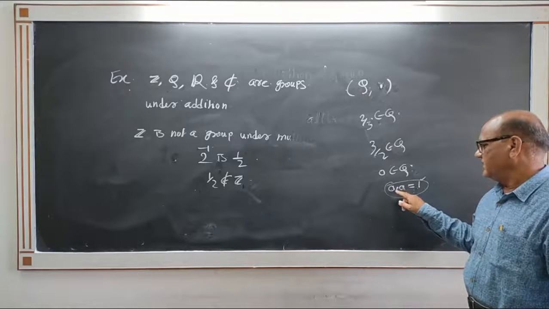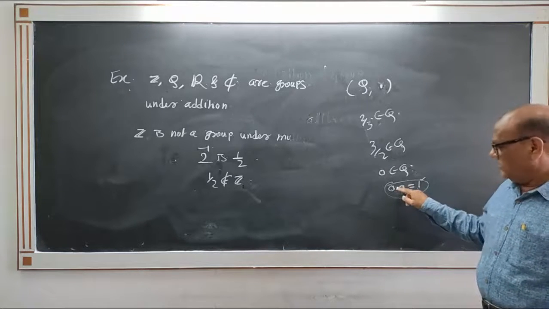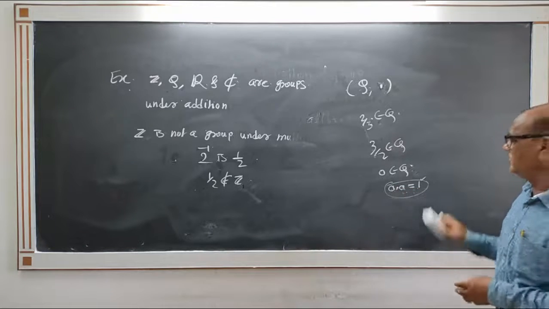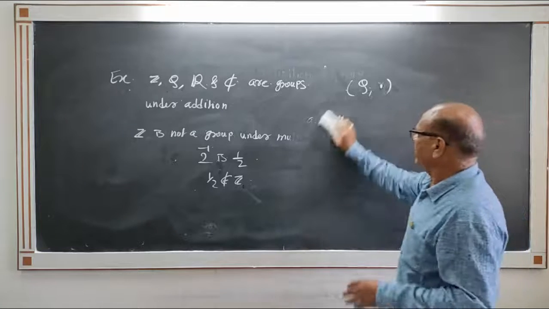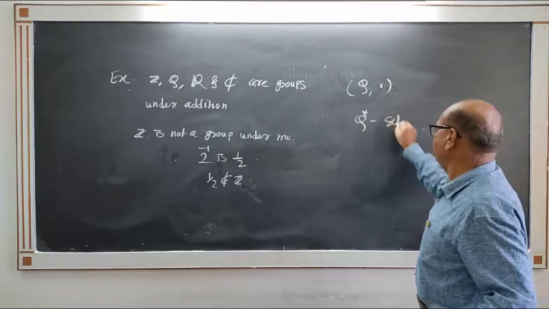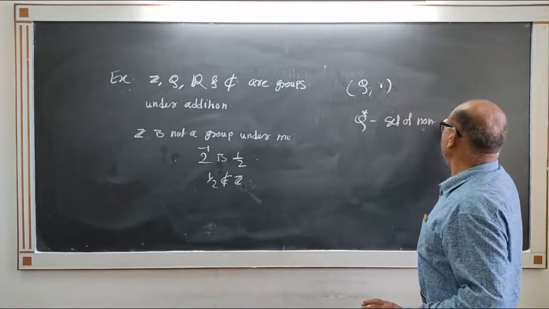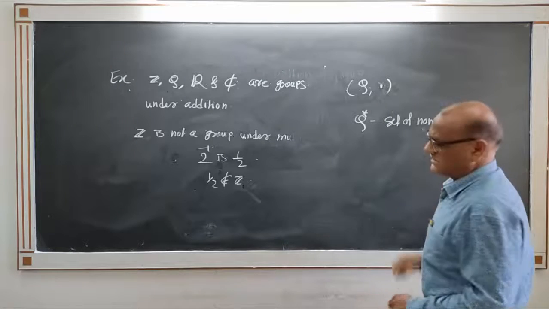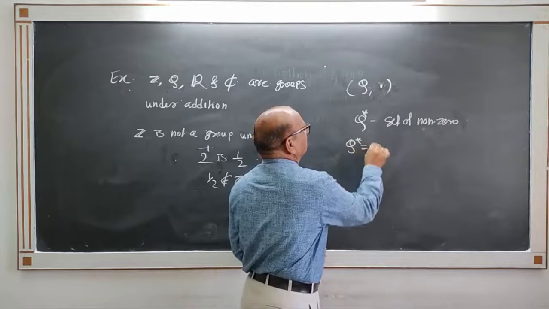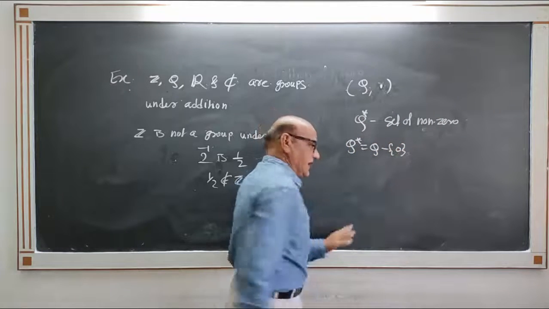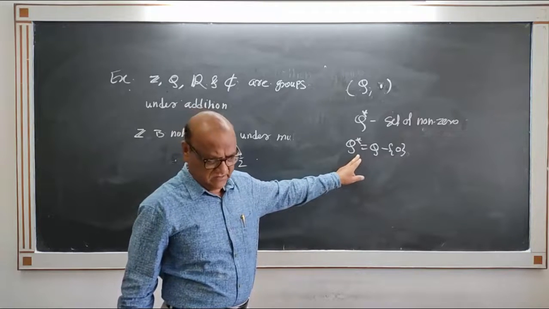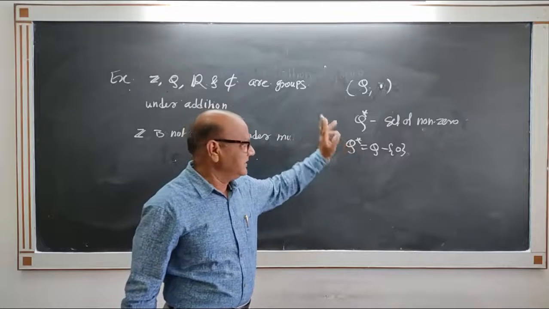Under multiplication. That means we know in the definition of a group, every element has an inverse, but here 0 has no inverse. So if we take the set Q star, the set of non-zero rational numbers, that means Q star is equal to Q minus the singleton 0, then it is a group under multiplication.